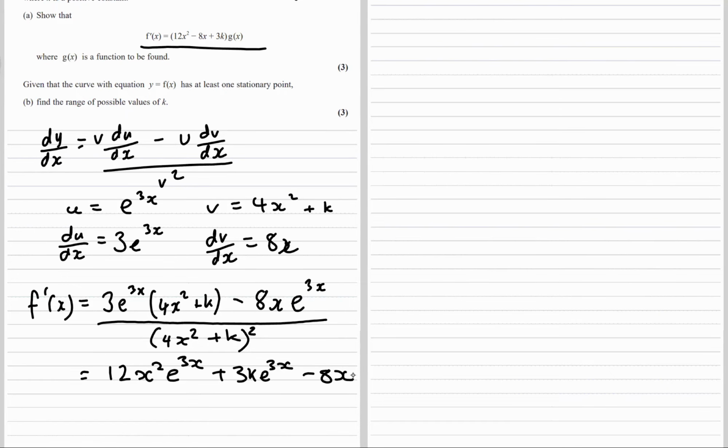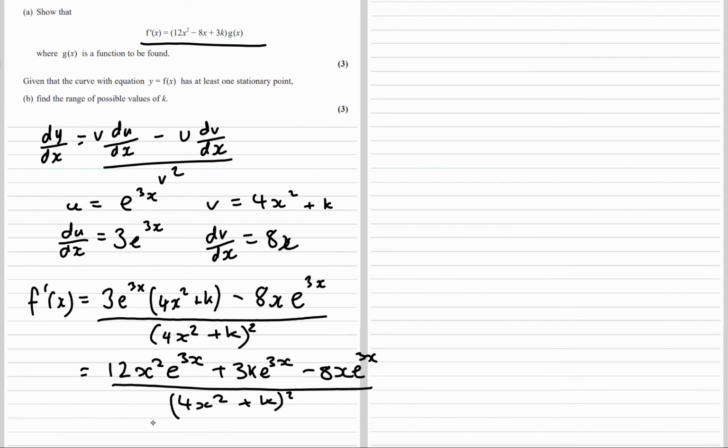And we've got minus 8x e^(3x). And that's over 4x squared plus k squared. So we're quite close. We've got the 12x squared minus 8x plus 3k. We need to factorize out e^(3x).